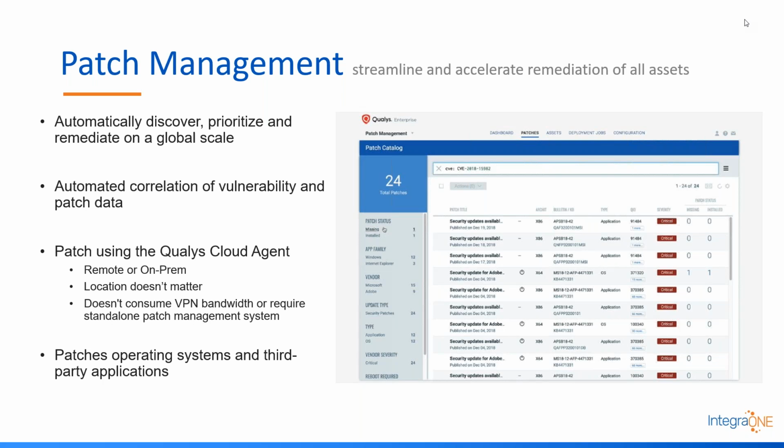So those cloud agents that you installed on the machines, right, they're receiving updates and saying, hey, retrieve this patch, install it. Now, a key thing to note here is that it doesn't just do operating systems, it also does third-party applications. So I'm not only keeping up to date with, say, the Windows security feed, I'm also actively patching an Oracle Java vulnerability.